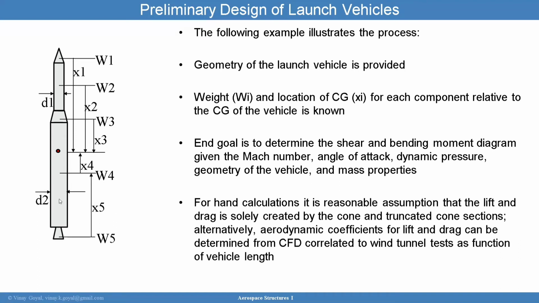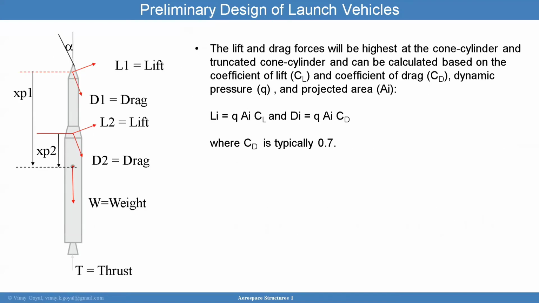And the coefficients of lift and drag can be determined from CFD, which is correlated to wind tunnel testing, as a function of vehicle length. So here, CL and CD, again, come from aerodynamic testing or wind tunnel testing.